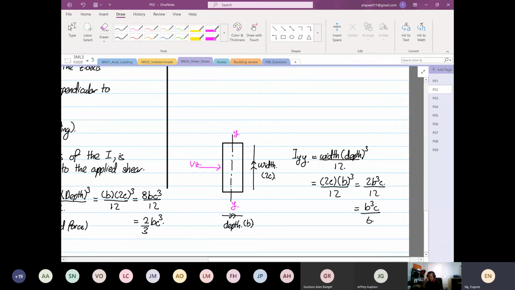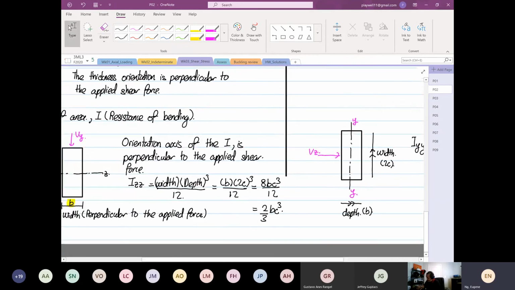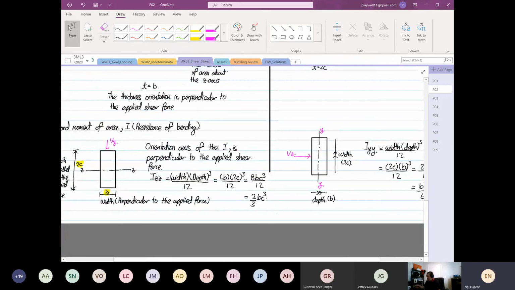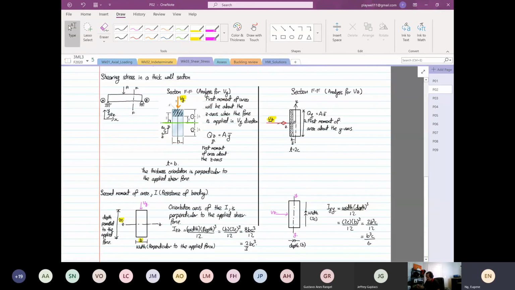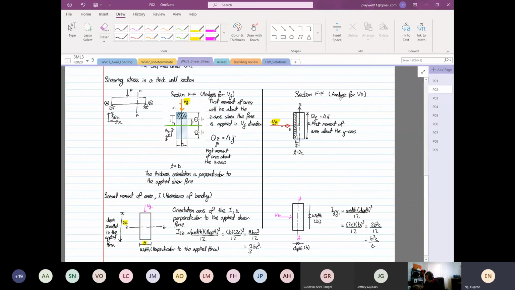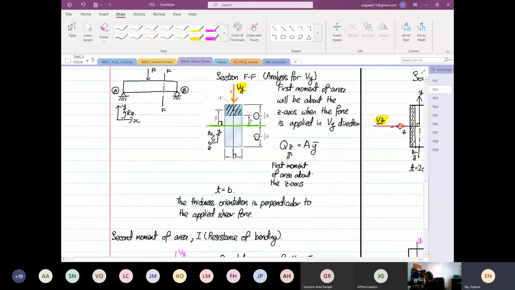Okay, so not the same, right? So you can see how the applied shear force will affect your formula. Then I'm going to write out the general formula. Now, this takes a bit of thinking.